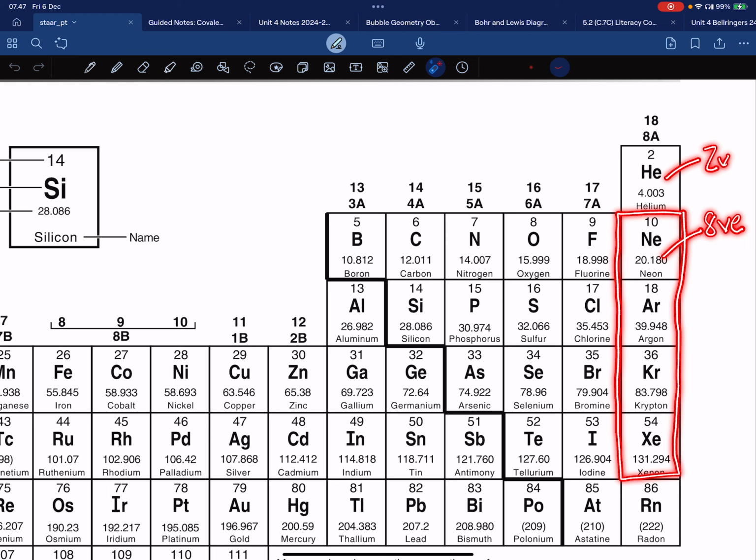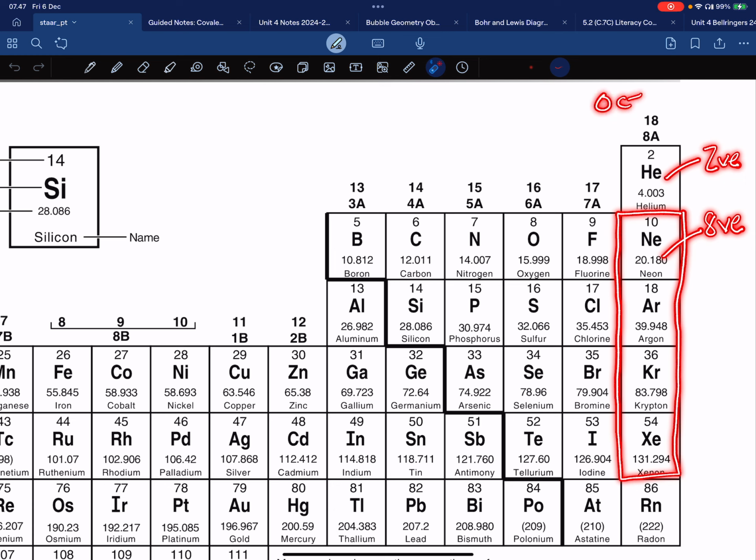Now, the noble gases are here in group 8A, right? Noble gas configuration for these guys means that they have 8 valence electrons in their outside shell. The only exception to that is helium, which only has 2 valence electrons. So all of the elements should have 8 in their outside shell.